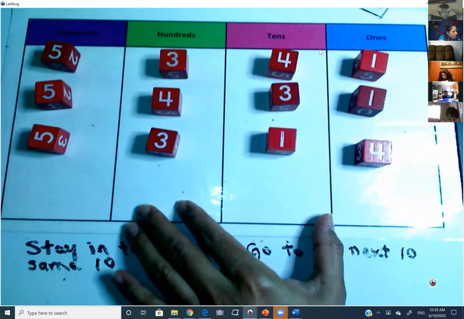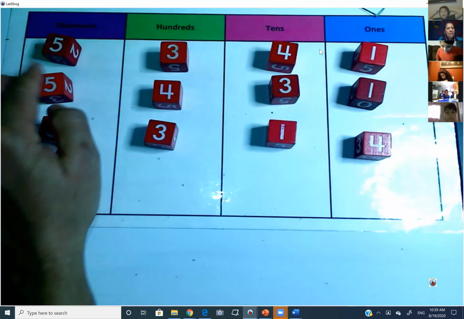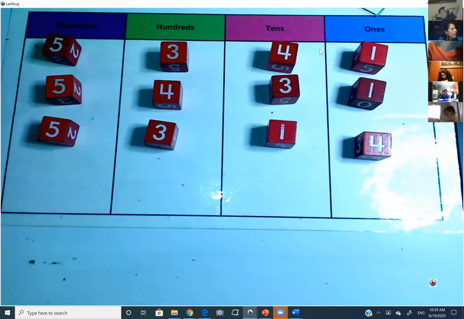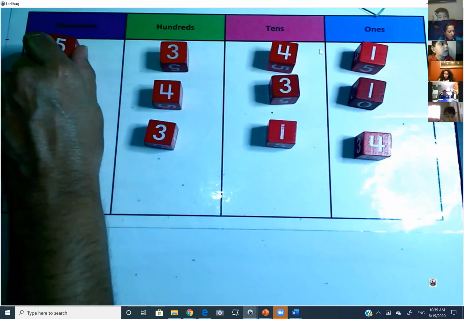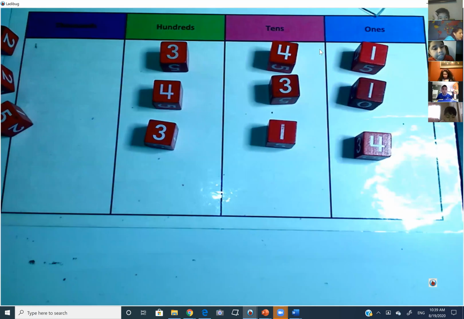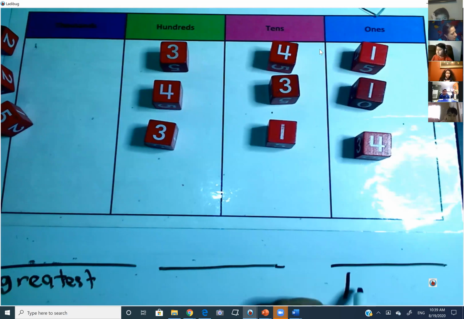So the first thing I'm going to notice to organize the numbers, all of them have 5,000s. Because all of them have 5,000s, I'm not going to look at the thousands, because I'm trying to find the greatest number. Now my greatest number, I'm going to put here, greatest. My mid number is going to be here, and the least number is going to be here.